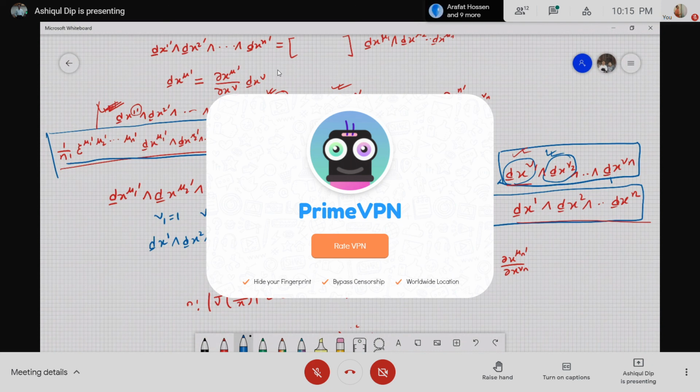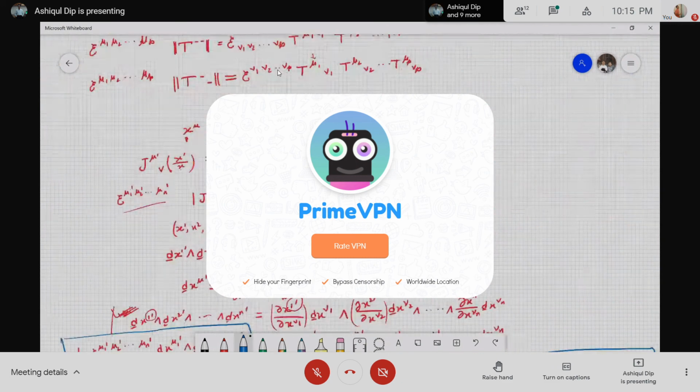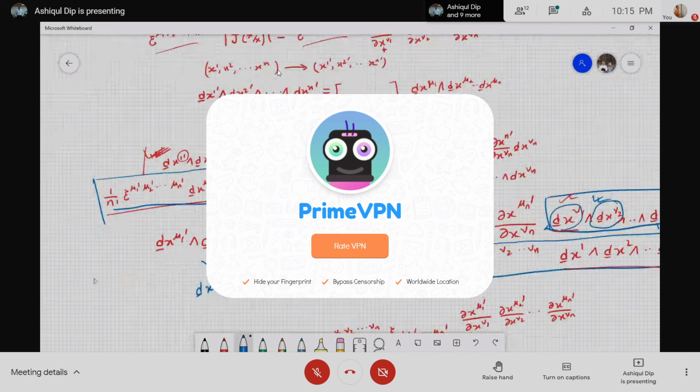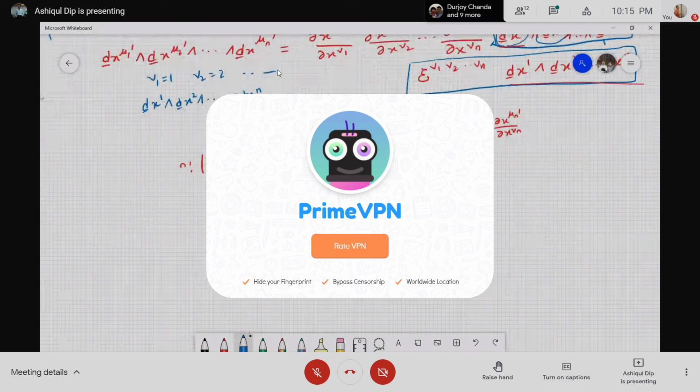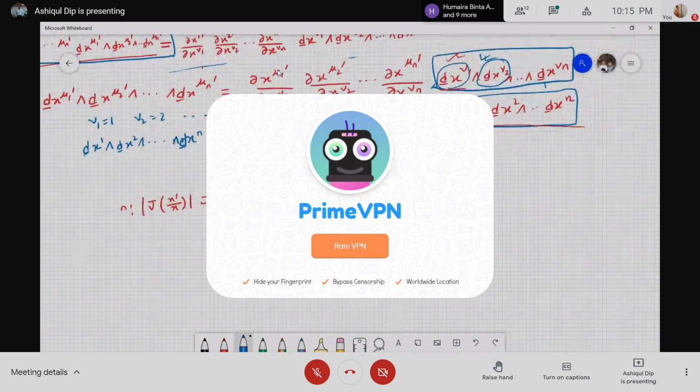Actually, I can show an example, then it will clarify, I believe. So let's talk in 3 dimensions. In 3 dimensions, this expression in general is dx mu wedge dx nu wedge dx lambda, right? We have three things to multiply. Now how many possible combinations could you have for mu nu lambda?